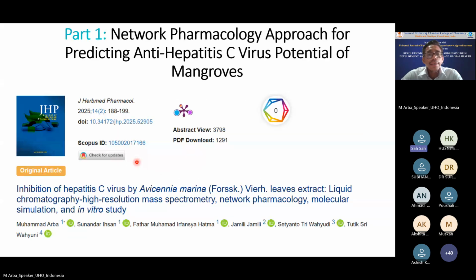Next, I would like to show another approach, what we call the network pharmacology approach, for predicting the anti-hepatitis C virus potential of a mangrove.